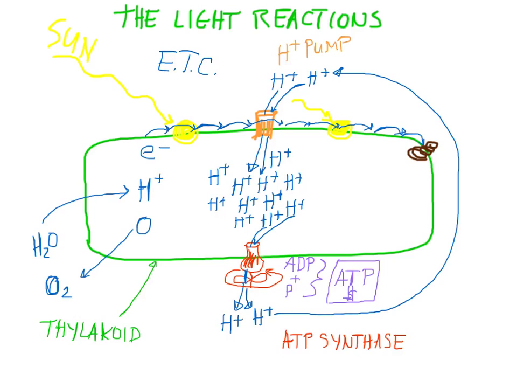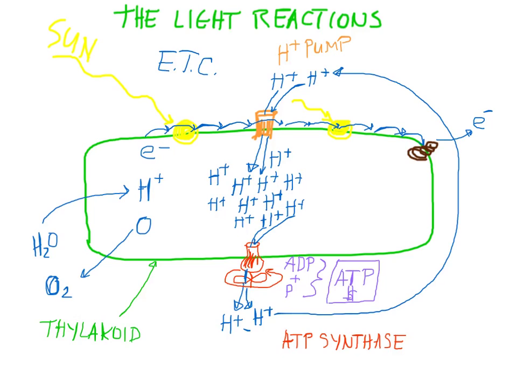When these electrons reach the NADPH reductase, they get ejected out of the membrane and back into the stroma of the chloroplast. So I'll draw an electron here to help us remember what happened.